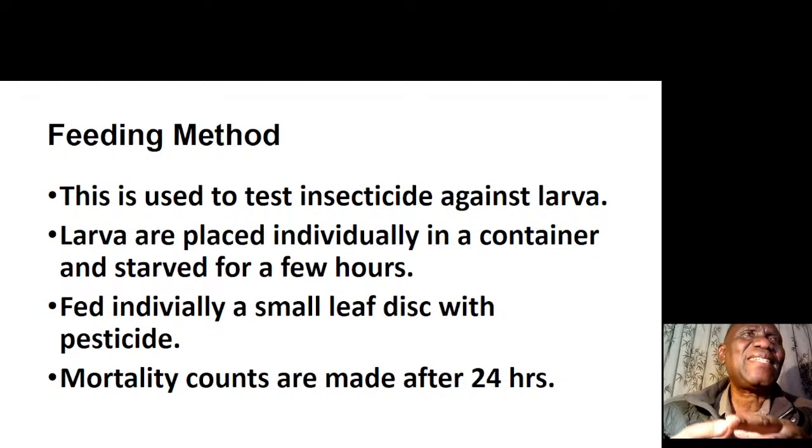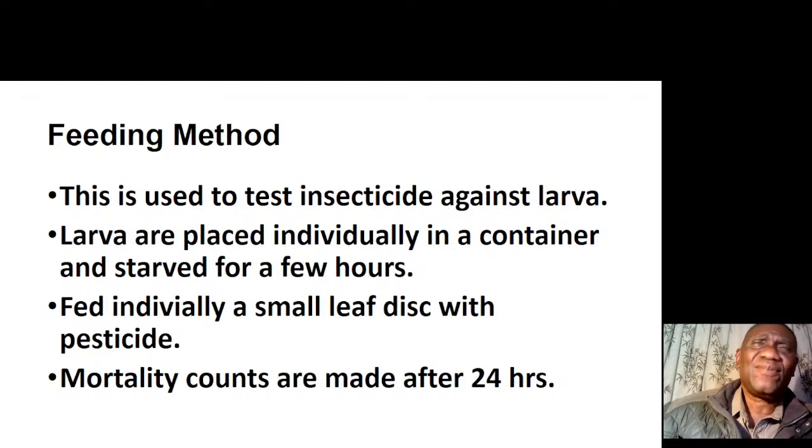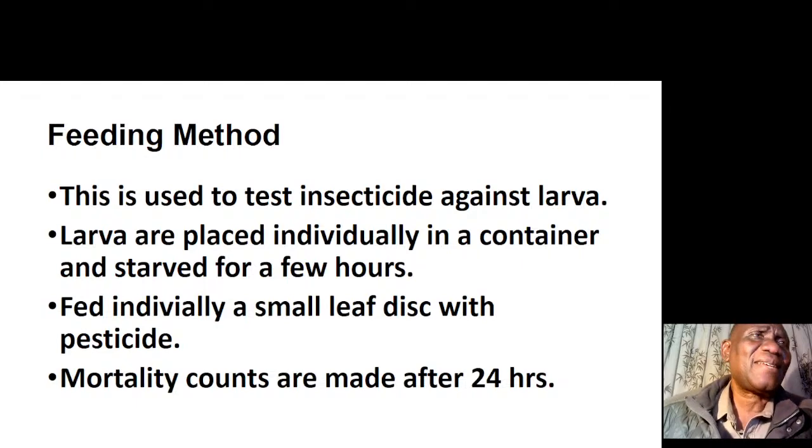So they are fed individually using a small leaf disc with pesticide. Then mortality counts are made after 24 hours. You count the dead larvae and the larvae which have survived, and you take your data.